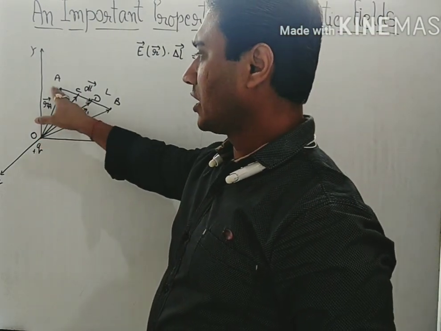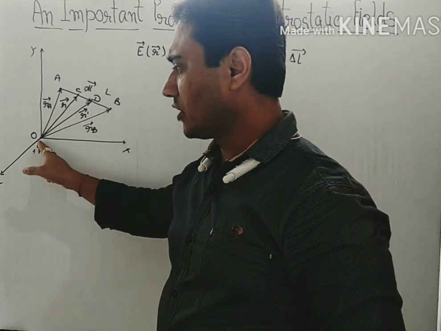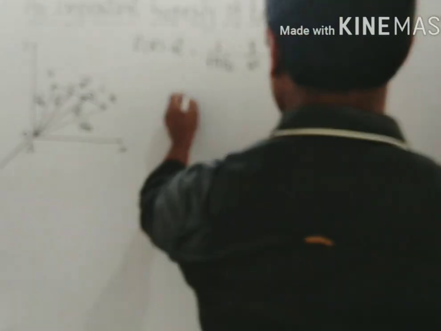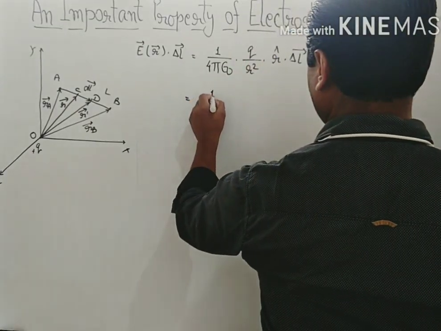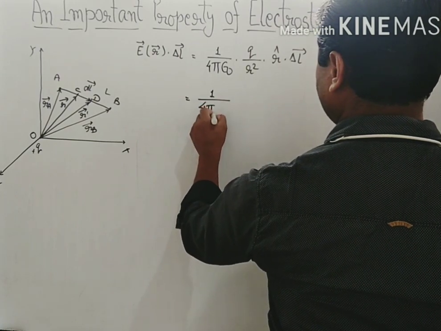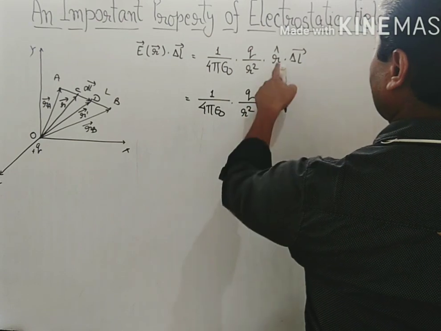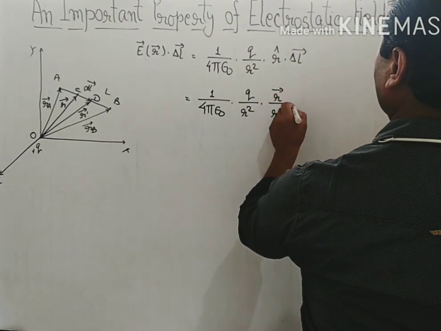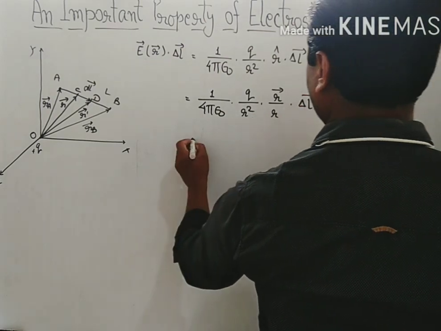Now, as we have taken this path AB in the electrostatic field of this plus Q charge, for this r cap we can have 1 upon 4 pi epsilon naught, Q upon r square, dot, this r cap can be written as vector r upon r, into delta vector L. So this makes r cube.